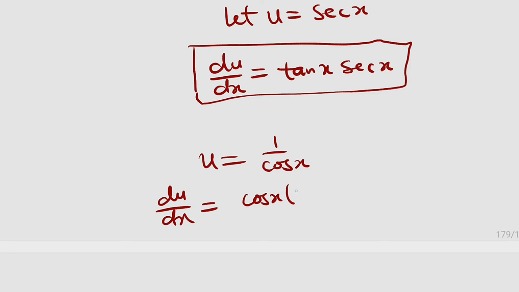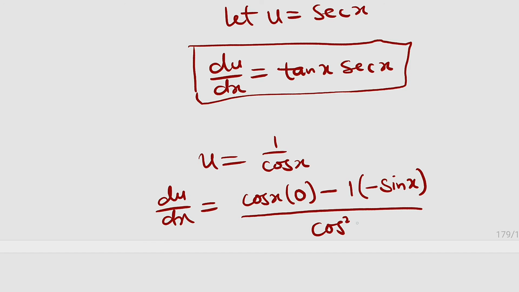If you differentiate the top, which is 1, you obtain 0. Then you subtract the top, which is 1, multiplied by the derivative of the bottom, which is negative sine x, and you divide by the bottom squared, which is cosine squared x. The first part remains 0, and minus times minus becomes positive.